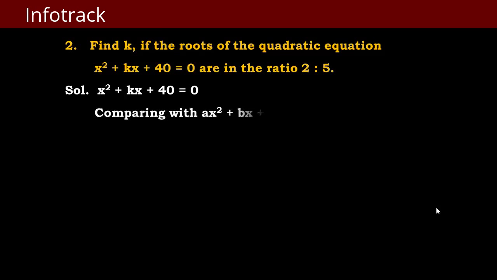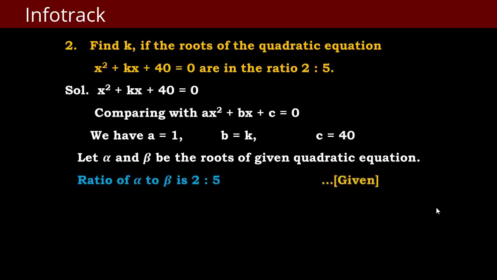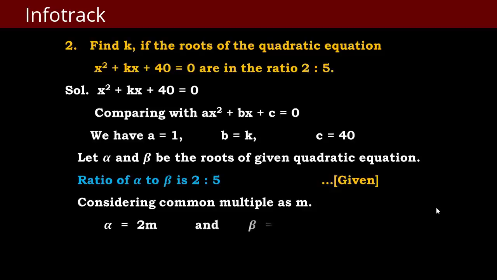Comparing with ax square plus bx plus c is equal to 0, we get a is equal to 1, b is equal to k, c is equal to 40. Now we know that alpha and beta are the roots of the given quadratic equation, and the ratio of alpha to beta is given as 2:5. Since the ratio is given, we can assume a common multiple, so let the common multiple be n. So we can write alpha is equal to 2n and beta is equal to 5n.